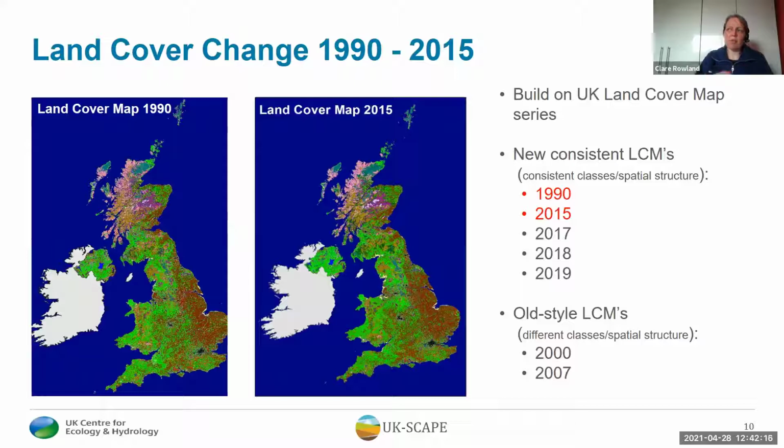And that means that our polygons that we map across the landscape, a field looks like a field, a patch of woodland, the shape of it looks like the patch of woodland. So that's been much more successful, and it's a lot easier to relate to other data sets as well. So the land cover maps are now mapped in a consistent way, which means that we can start looking at change.